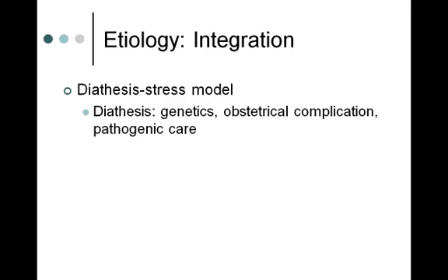And the diathesis, again, is things we talked about: it could be genetics, obstetric complications, pathogenic care, abuse-type things, or some combination of those together might create an early vulnerability. Because of their genetics, or what happened when they were in utero or being born, or when they were very young, this person established this diathesis.